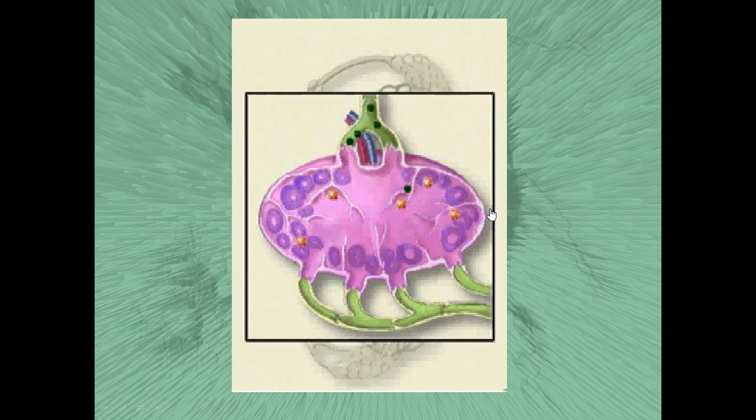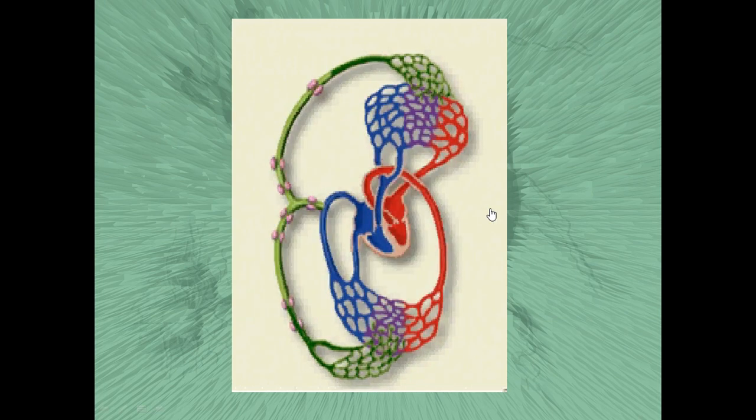Then lymph is collected to the lymphatic trunks and through the lymphatic ducts will return back to the venous system in the blood circulation.